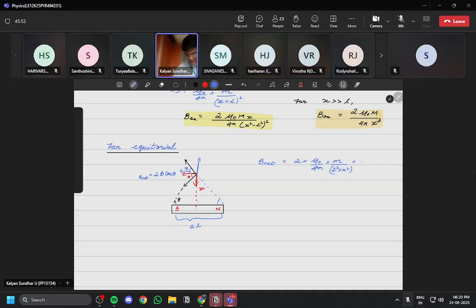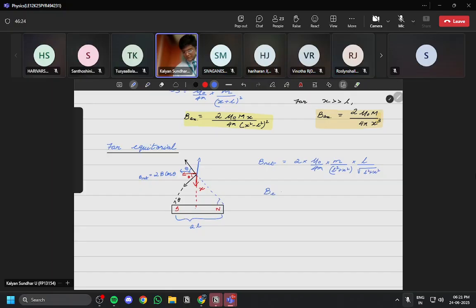Cos theta component is adjacent, that is, wait, db cos theta, m L cos theta, L divided by the root of L square plus x square.